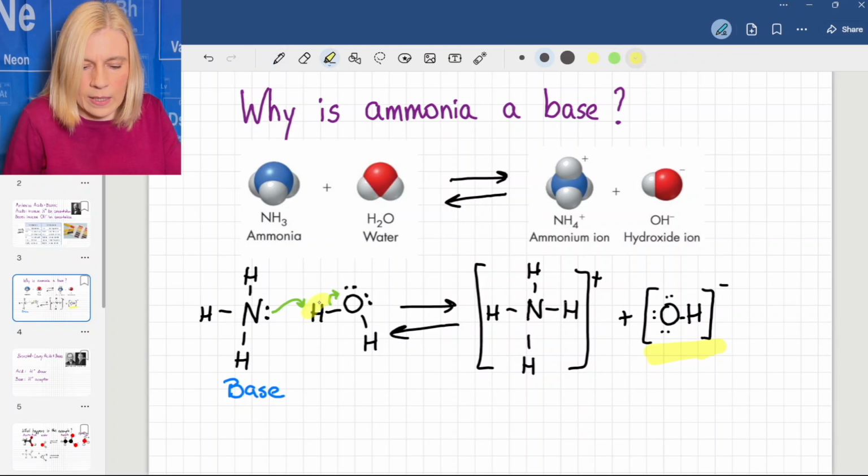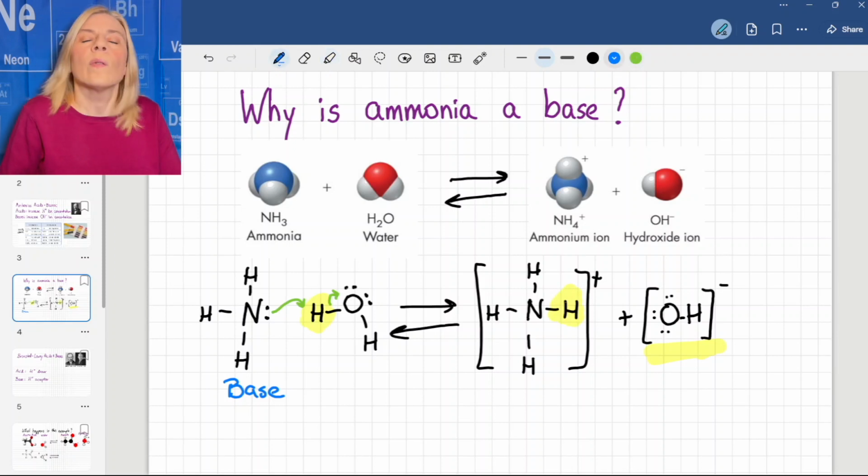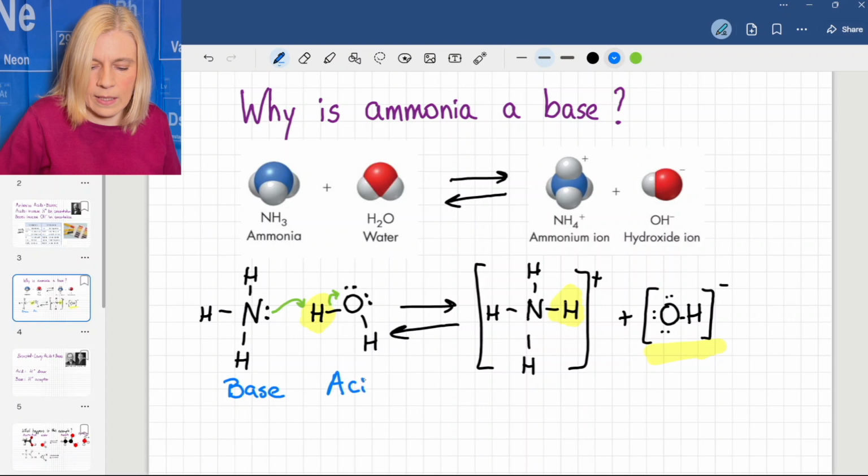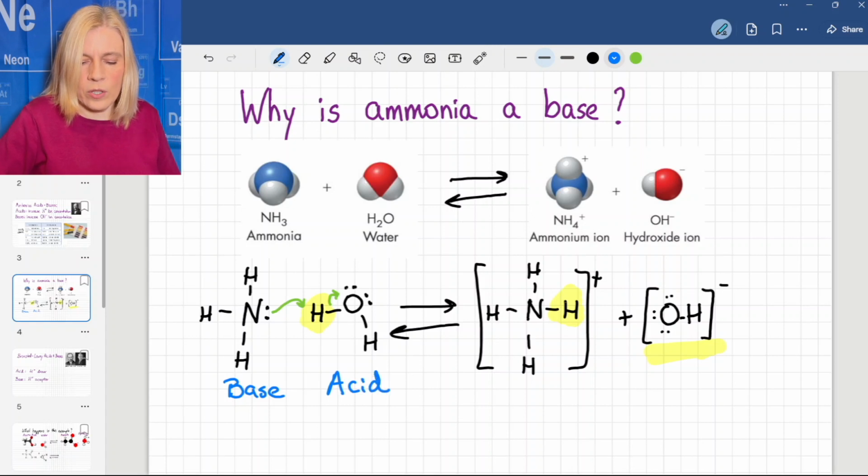Let's highlight this H. This is our special H. What gave up an H plus? Water gave up that H, and ammonia accepted it. So based on our Bronsted-Lowry definition, water here is acting as an acid. Let's keep that in mind.